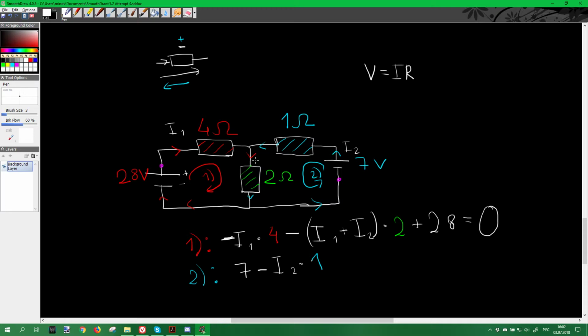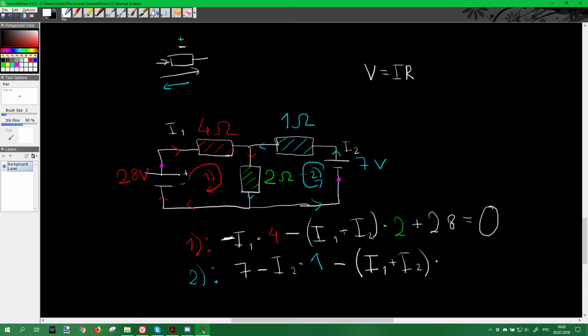Okay, then we come to the green resistor. However, we need to remember that there is also a red current that goes through it, as well as the light blue current. Since the current is in the same direction as our loop, we have a negative sign, and we sum up those currents. Of course, if the red current were in a different direction, we would have a different sign right here.